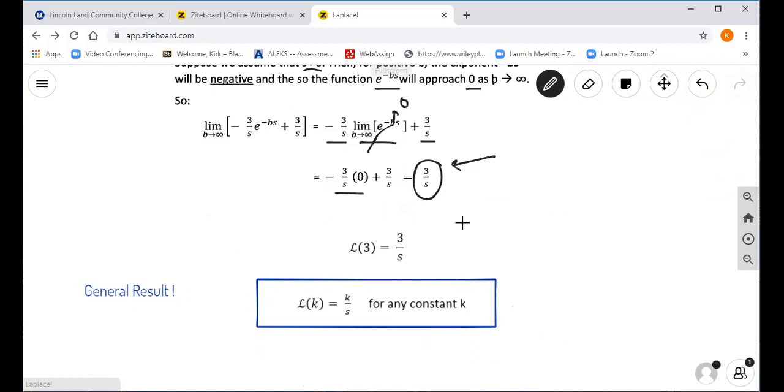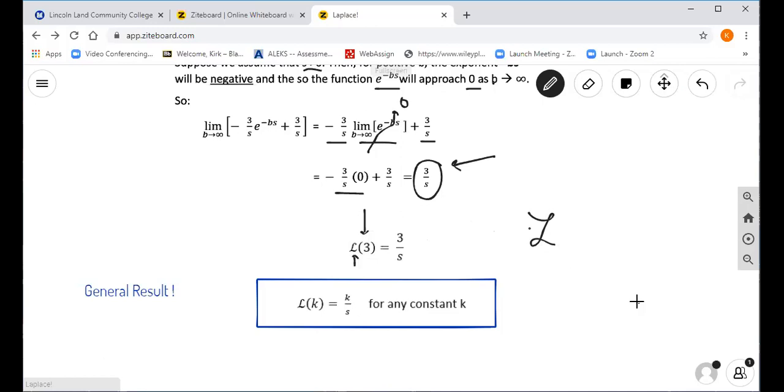Now, remember that that was what the integral converged to when we took the function f of t to be 3. So here's what we're now going to say. We're going to use this expression here, a script L. That script L refers to a Laplace transform.